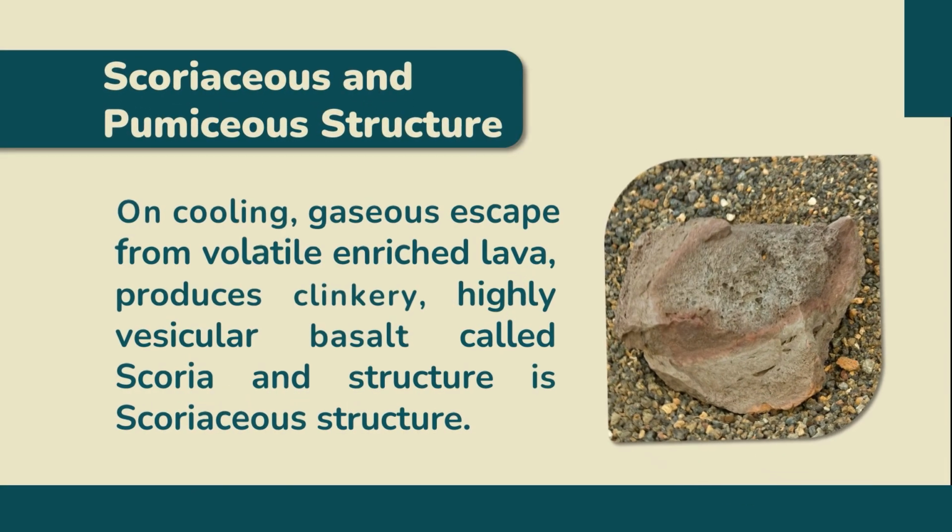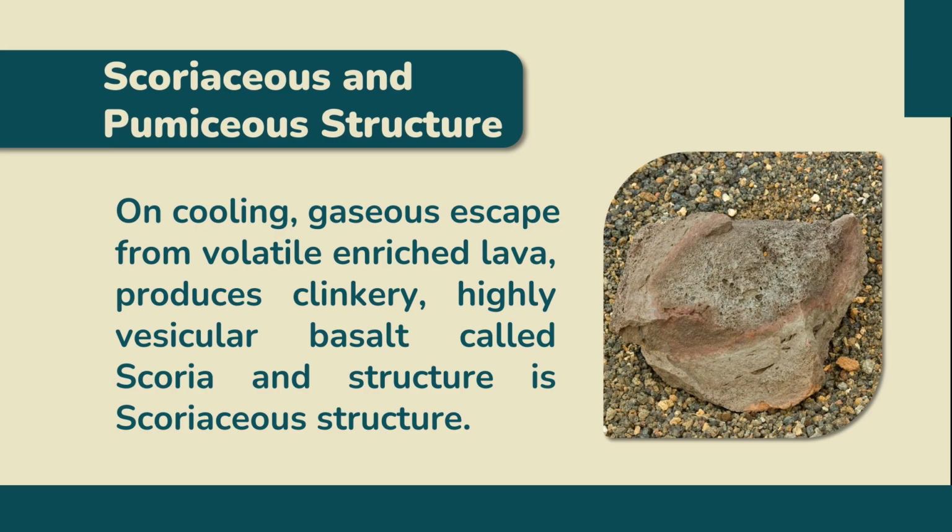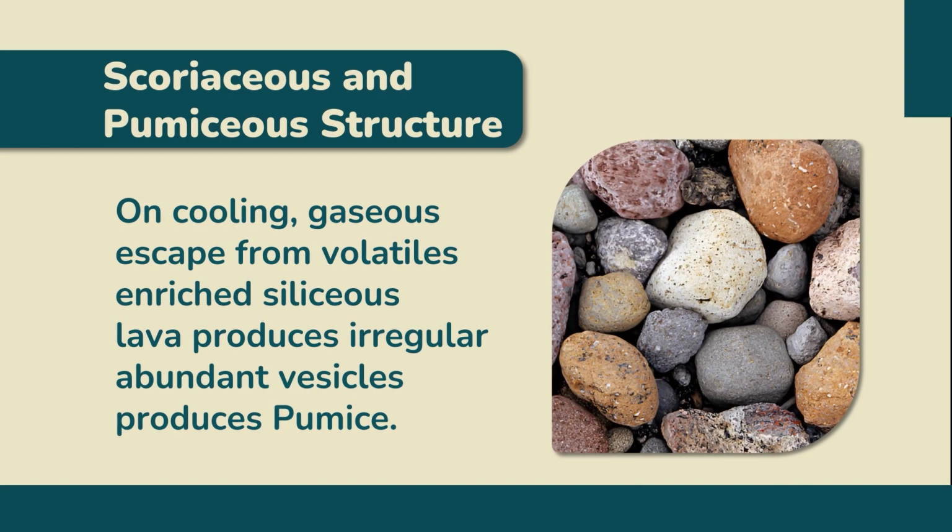What is the difference between scoriaceous and pumiceous structures? On cooling, gaseous escape from volatile enriched lava produces clinkery, highly vesicular basalt called scoria, and the structure is known as scoriaceous structure.